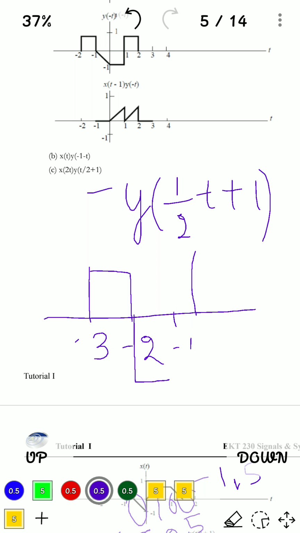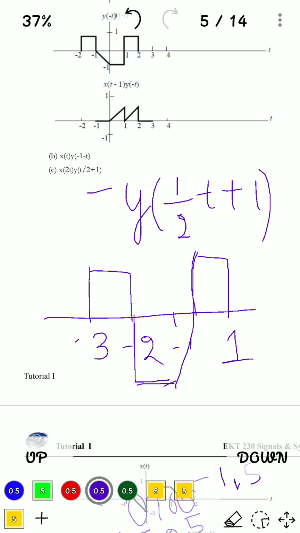So see here, minus 2 would come to the place of minus 3, minus 3 would come to the place of minus 2, and your 0 would come to the place of minus 1, so your amplitude comes here to minus 1, and then once again it goes to 0 like this, and once again you are going to get a signal like this. So this is the resultant, that is your t plus 1.